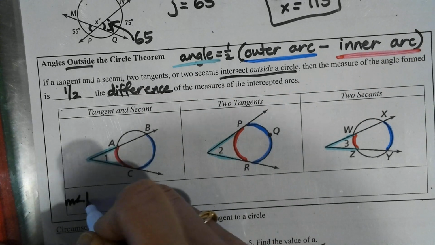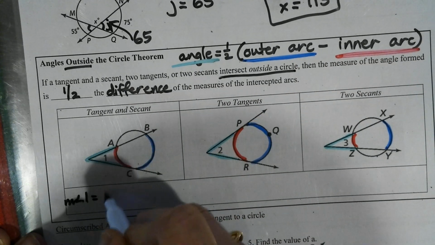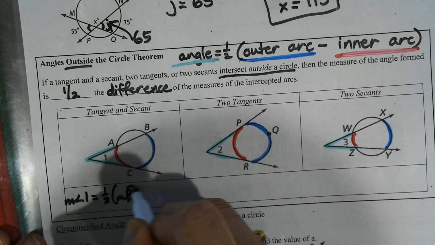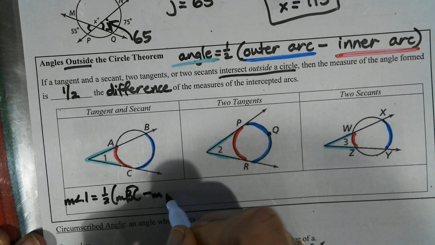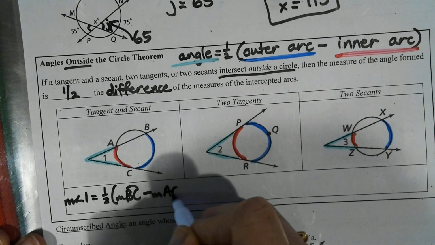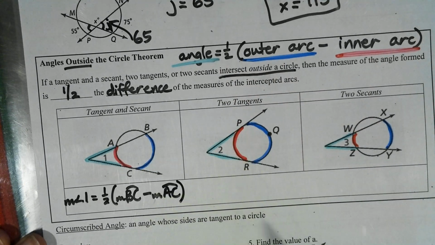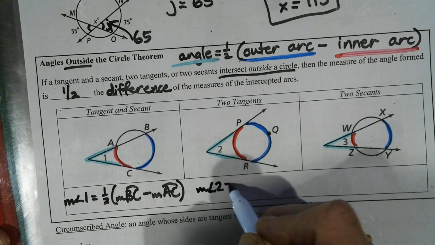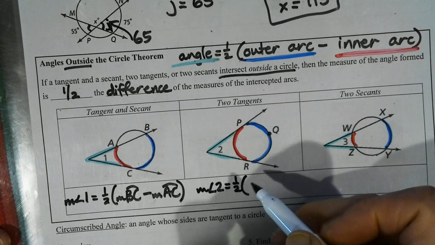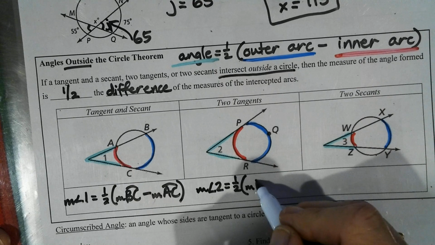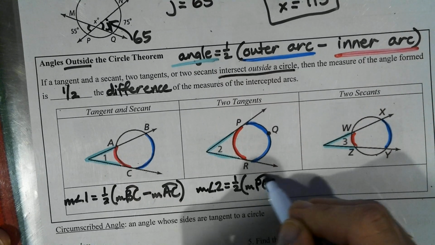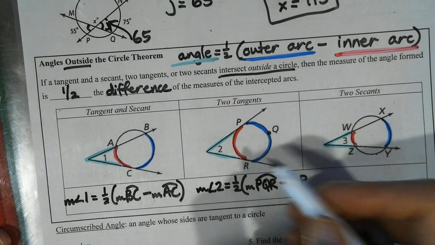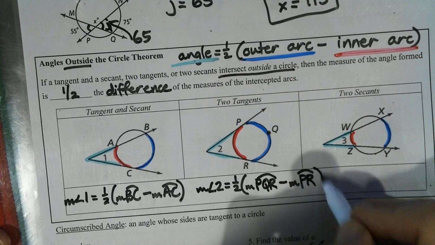The measure of angle 1 is equal to 1/2 the measure of arc BC minus the measure of arc AC. And then here, measure of angle 2 equals 1/2 the measure of PQR arc minus measure of PR arc.